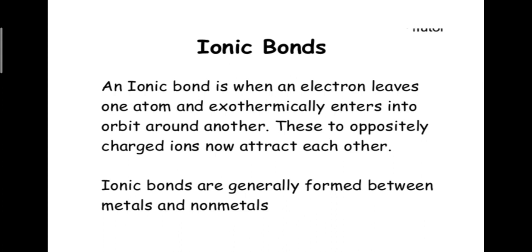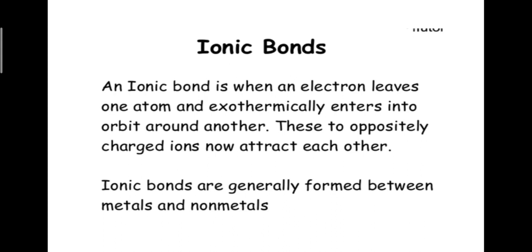Remember that. So whenever a chemical bond is formed between two atoms by transfer of electron from one atom to another, that bond is called ionic bond or electrovalent bond. The number of electrons lost or gained by the atom is called its electrovalency.